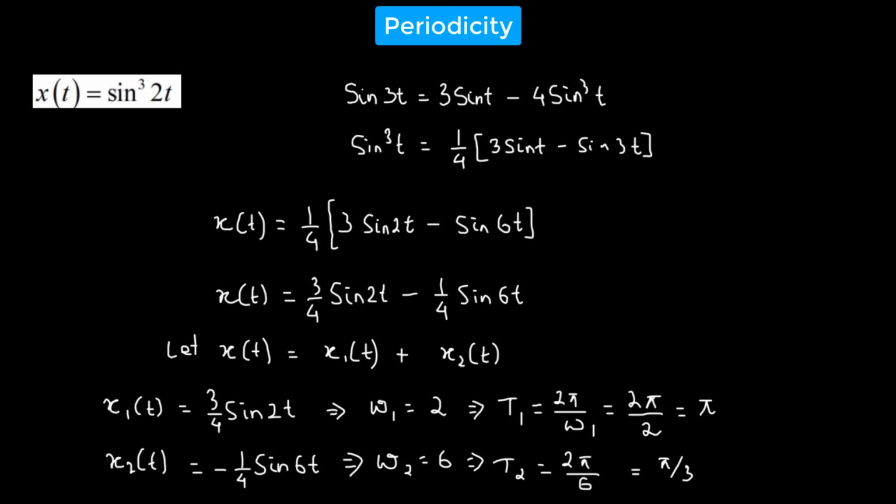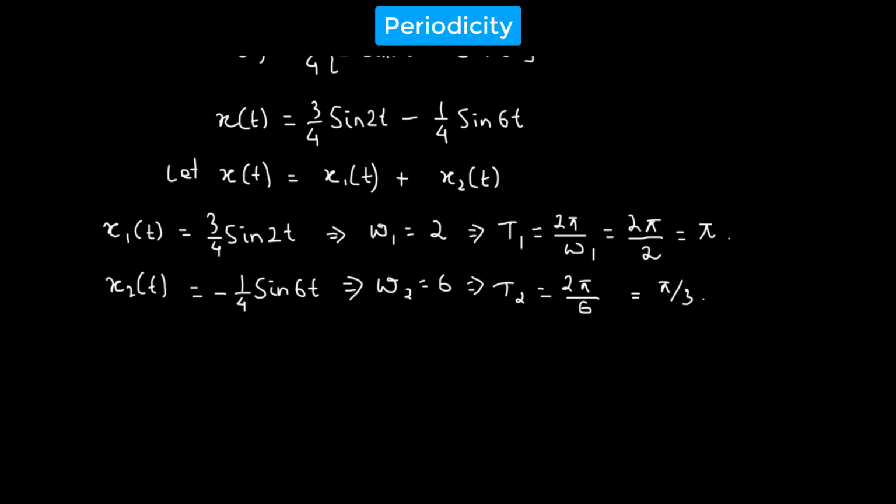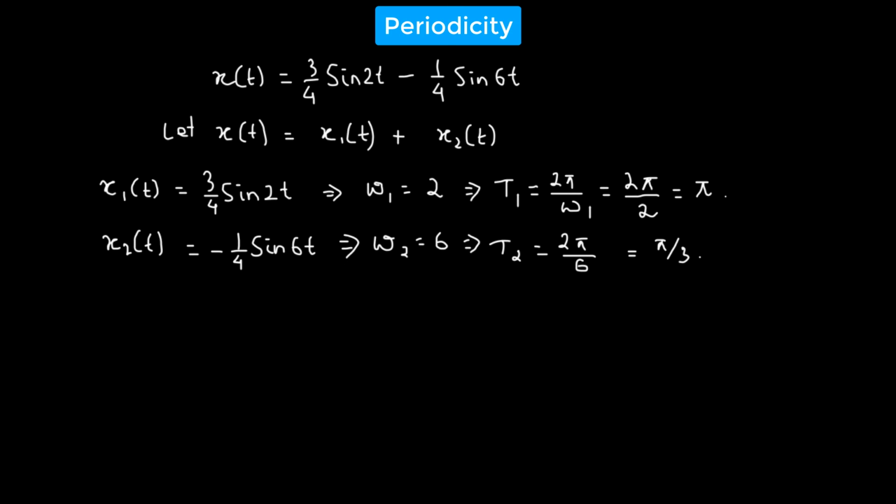The first part of the signal, x1 of t, has a period of pi, and the second part, x2 of t, has a period of pi over 3. In order to find the combined period of x of t, we need to determine the lowest common multiple of the two periods. So the period of x of t is equal to the lowest common multiple of pi and pi over 3.